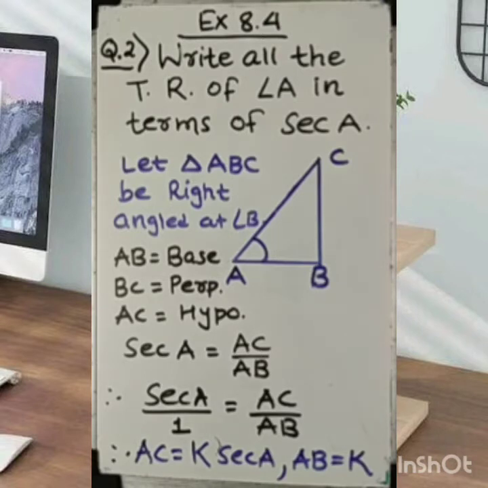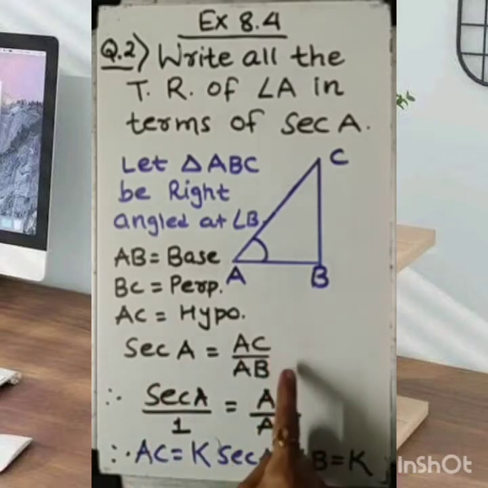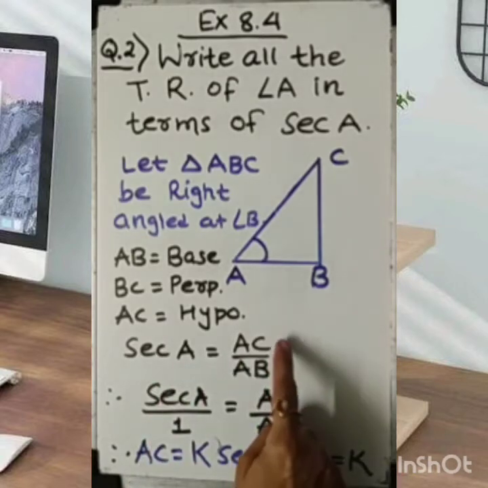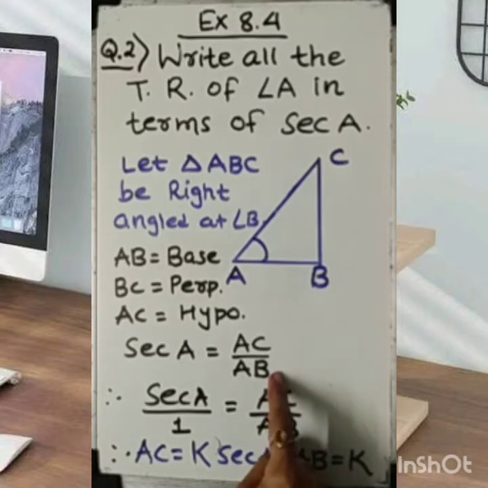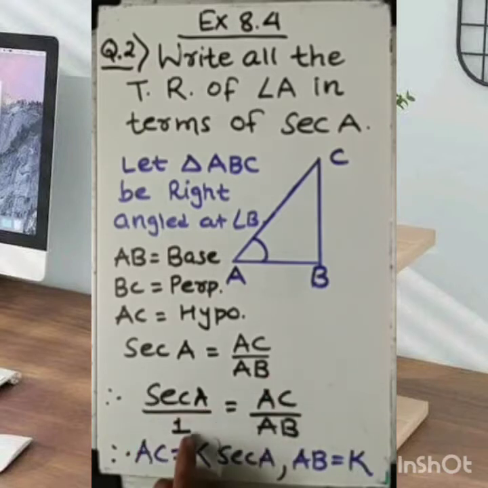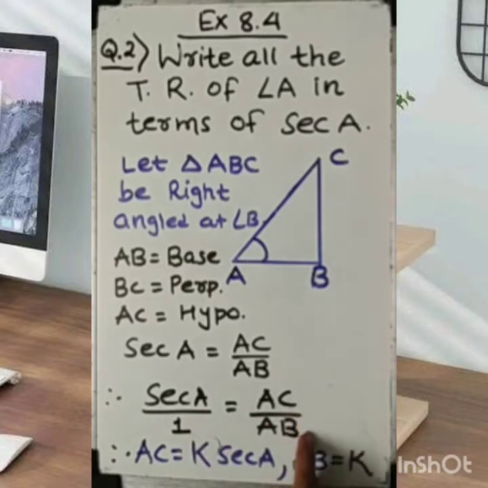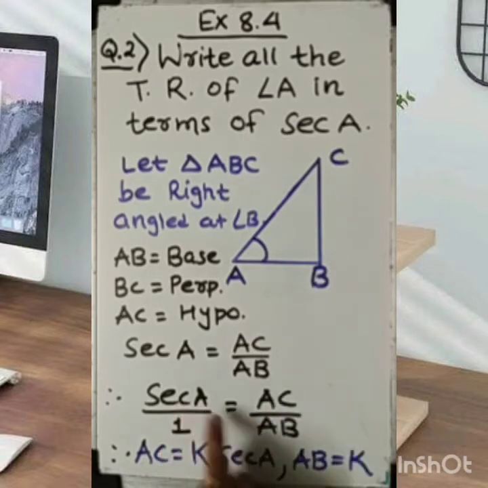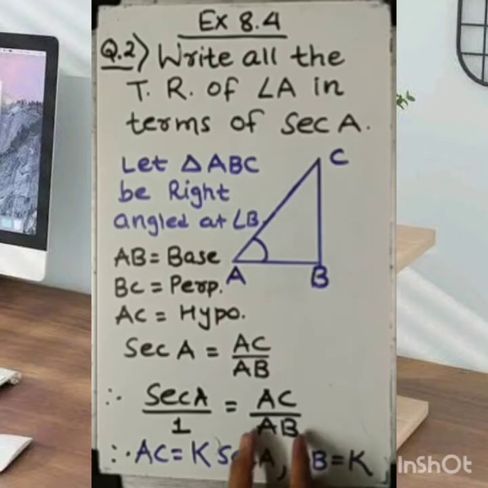Once again I am explaining the similar procedure as we did in question 1. Sec A equal to AC upon AB, hypotenuse upon base, so in ratio form sec A upon 1 equal to AC upon AB. So AC will be K into sec A, K is a constant term of the ratio, and AB equal to 1 into K, that is K.